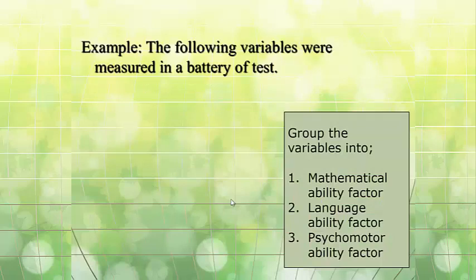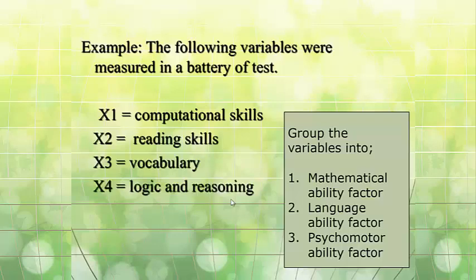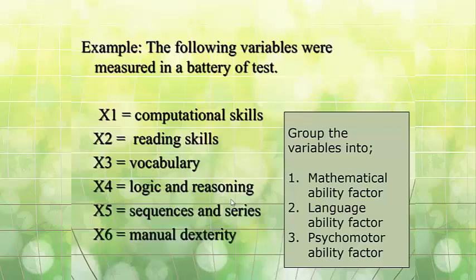So, this is now an example of the following variables that are measured in a battery of tests. X1 is equal to computational skills, X2 reading skills, X3 vocabulary, X4 logic and reasoning, X5 sequences and series, and X6 manual dexterity.